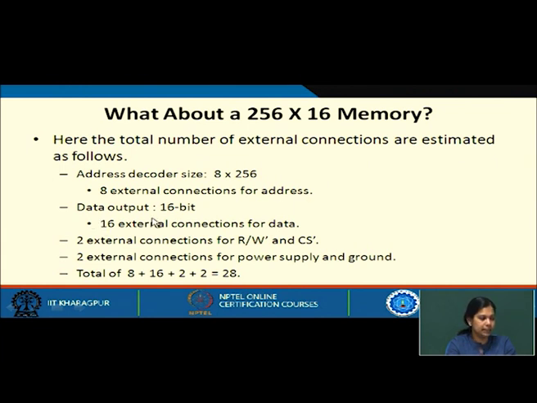Then the data output is 16, so 16 external connections will be required to transfer the data, either to read the data or to write the data. Similarly, 2 external connections for read/write and chip select, and 2 for power supply and ground. So, a total of 28 external connections will be required.